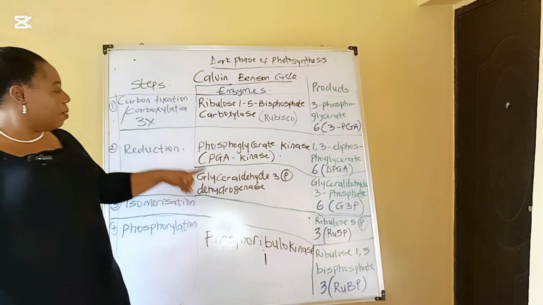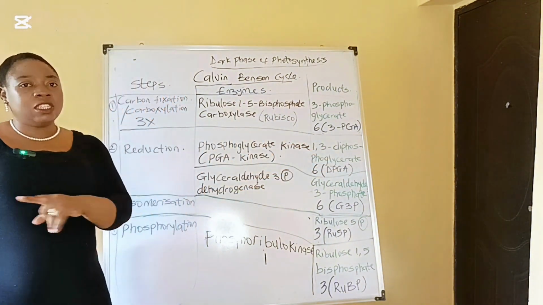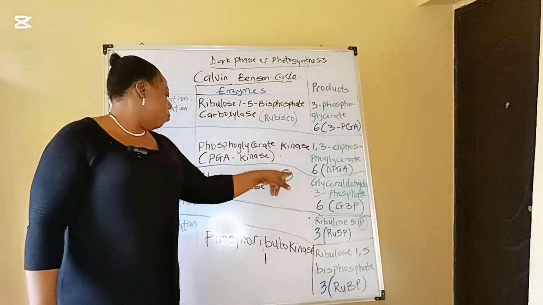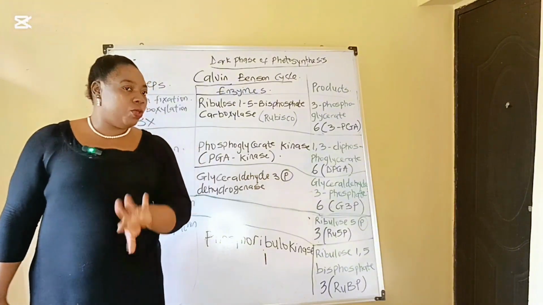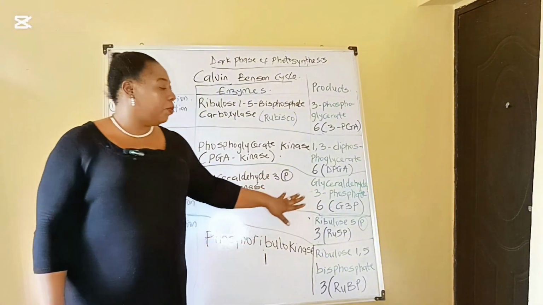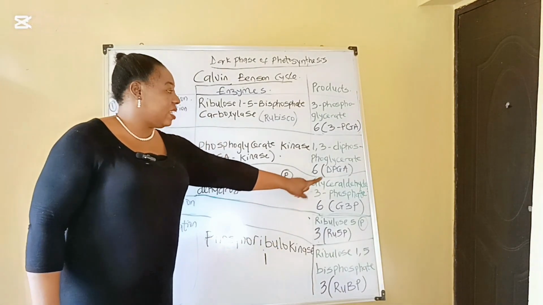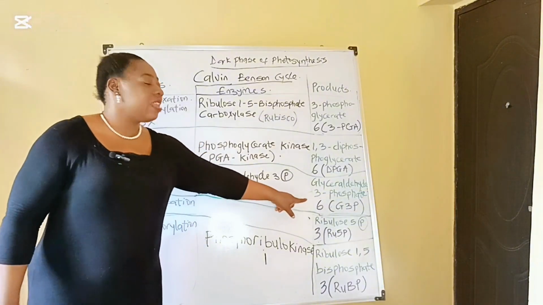The enzyme that catalyzes the reaction between this product and 6 molecules of NADPH is glyceraldehyde 3-phosphate dehydrogenase, and the product we are getting from there is 6 molecules of glyceraldehyde 3-phosphate.